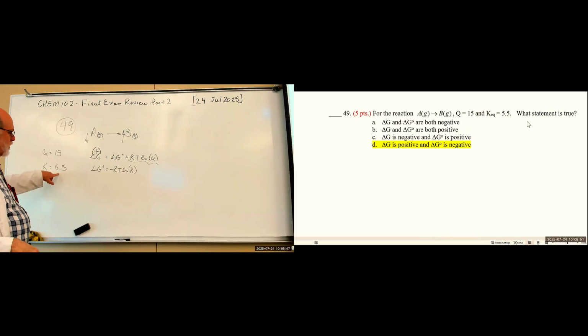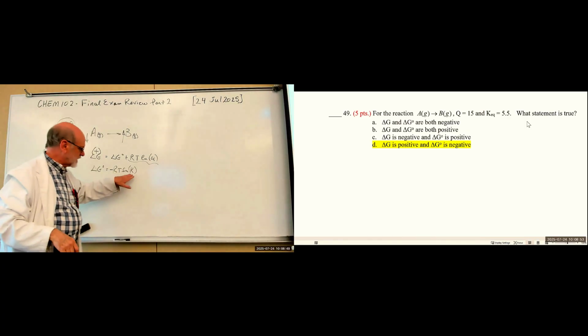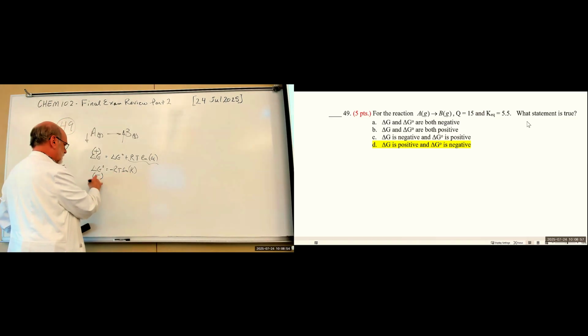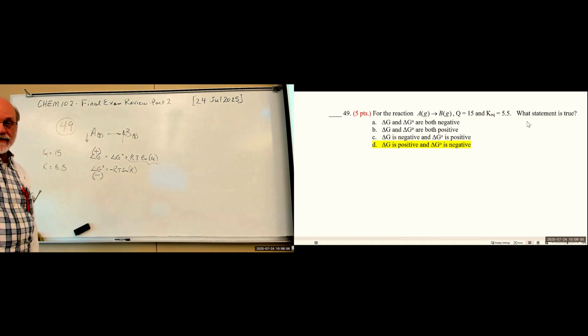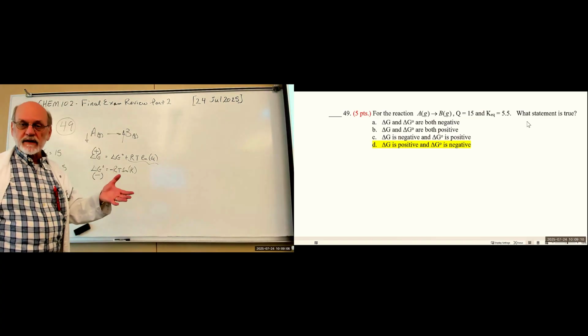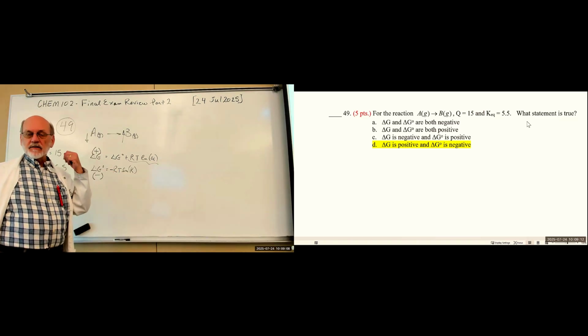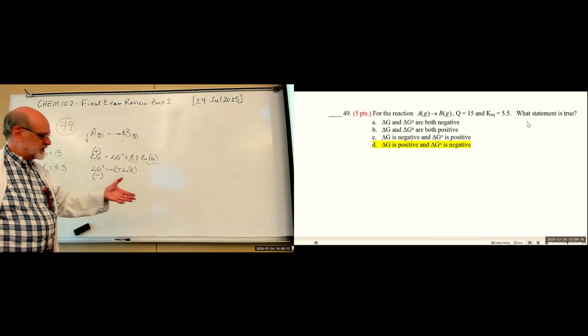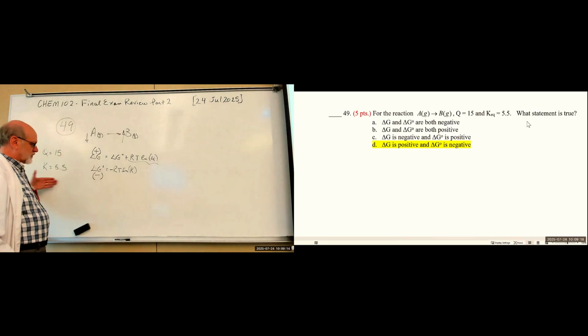But with a K of 5.5, put it in here, then that makes this value negative. All right. So delta G is positive, delta G0 is negative. And we also know that if K is greater than 1, then the reaction is spontaneous from left to right, which means delta G0 is negative. And this is where it came from.